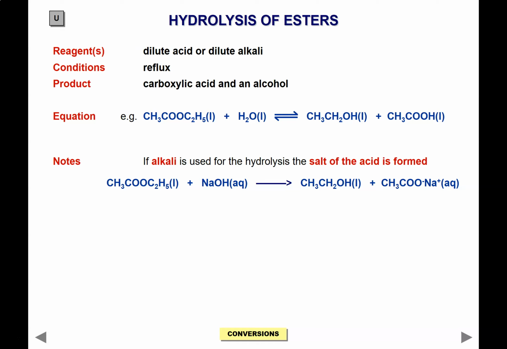Okay, so this is your ester like we had in the last example, reacting with your water, and you're coming back to form your acid and alcohol again. Okay, if we use NaOH instead of your water, you form a salt.